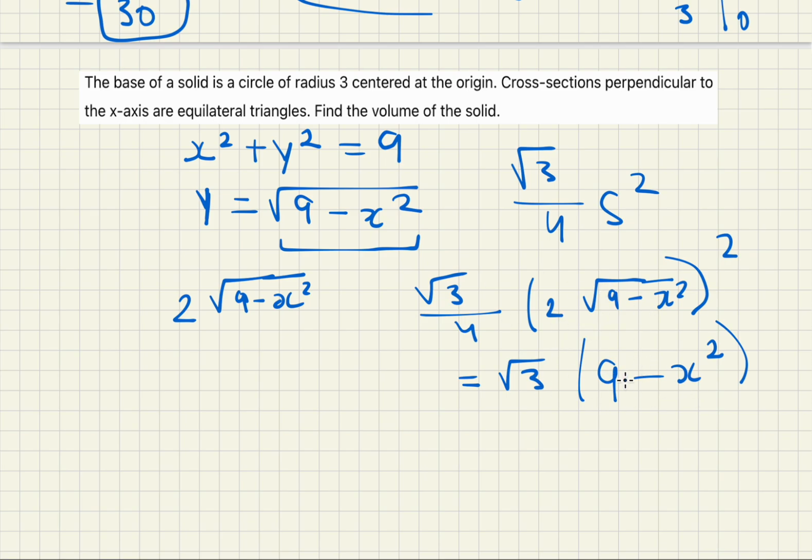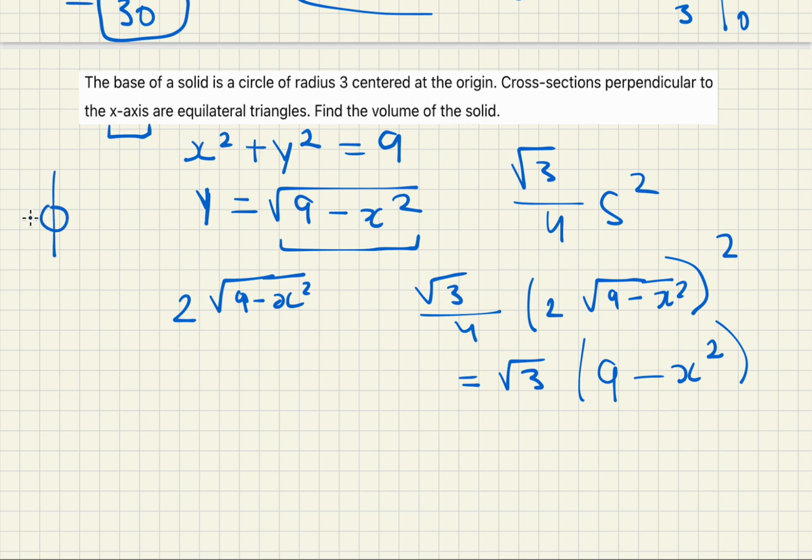And so once we have this function, all we need to do is find the bounds. The way we find the bounds is figuring out where the shape starts and where the shape ends along the x-axis, because the cross sections are perpendicular to the x-axis. So in this case, it tells us the radius is 3 and it's centered at the origin.